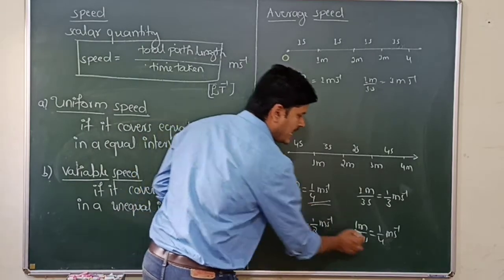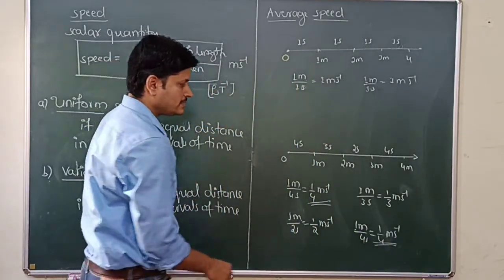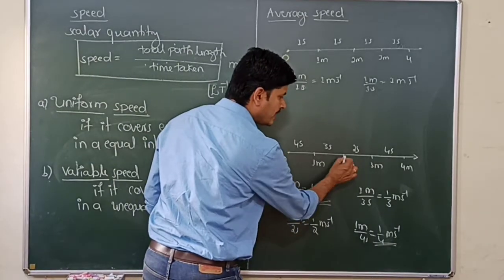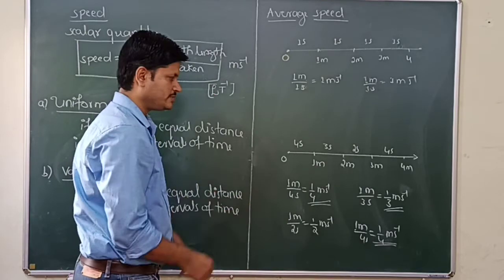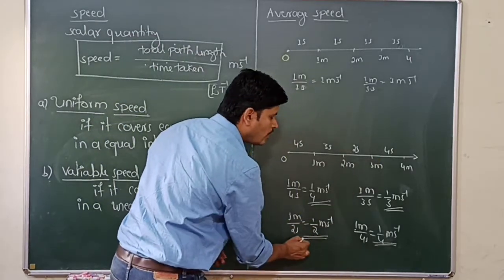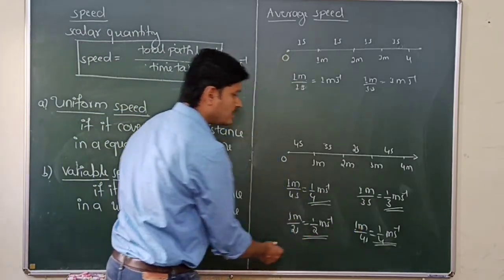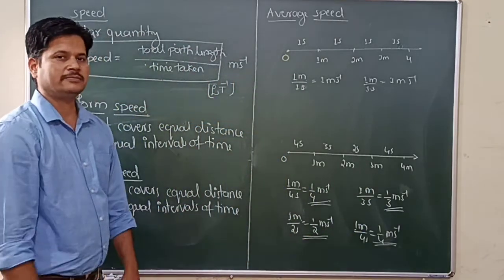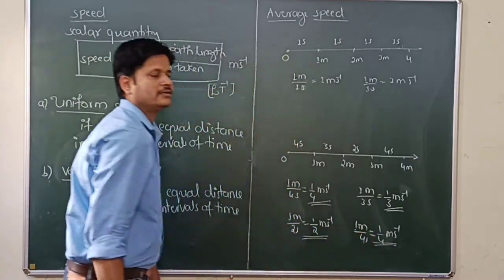This speed and this speed are the same, but when it is moving from here to here, the speed of the object gets changed. Right? Therefore, these three are variable speed, but these two are uniform speed.